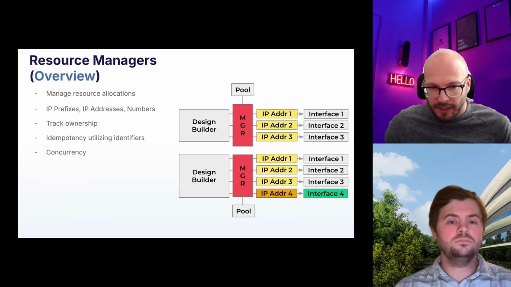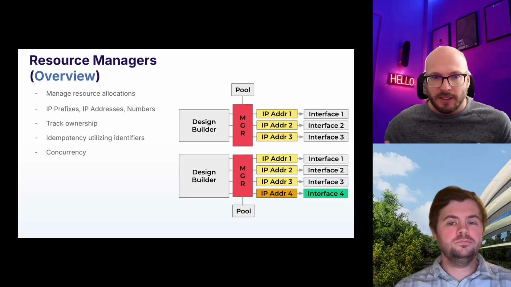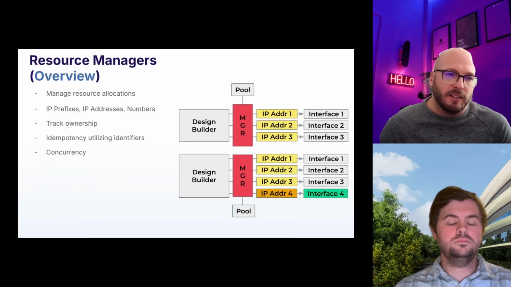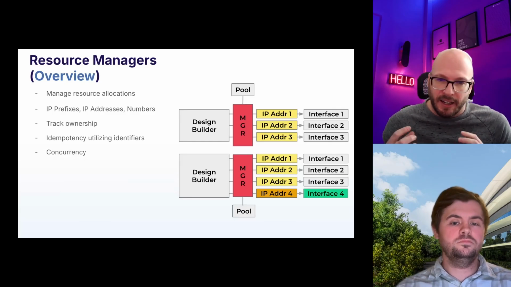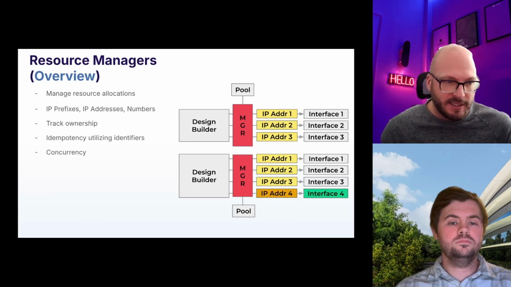We don't really care what it is, as long as it's within this defined range. It allows the tracking of ownership as well, and these are idempotent in nature. How they are idempotent is basically you use unique identifiers, and when it runs again, it'll build the identifier and then use the existing IP address if it exists.